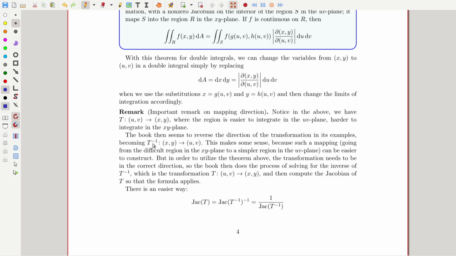So I do end up doing that for the examples that I'm showing. But I want to actually make a bit of a comment about this. So yeah, the book's process is that after you have T inverse, you then construct the inverse of that map, which would be T, and then you would compute the Jacobian of T, which would be this quantity here.